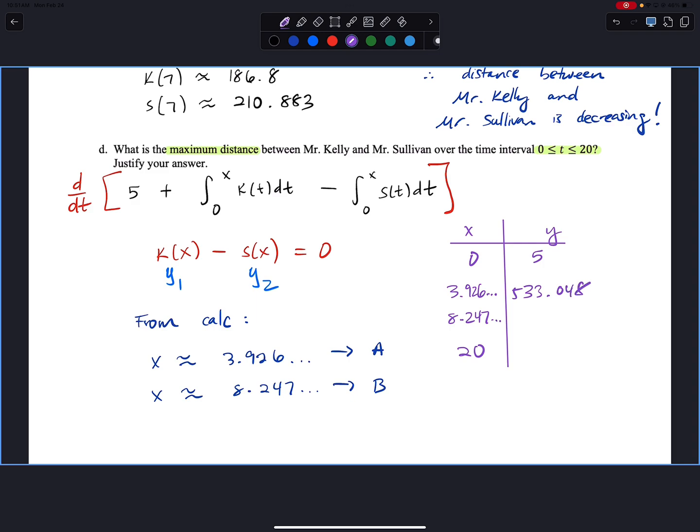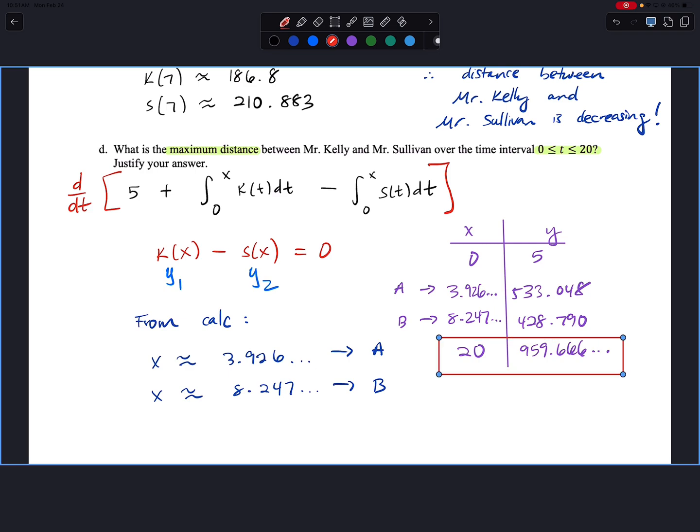Okay, just to save us time, this is B, right? This is A. If you plug in that number, you should get 428.790. And if you plug in 20, you get 959.666. Yikes. So which is the largest Y value? 959?